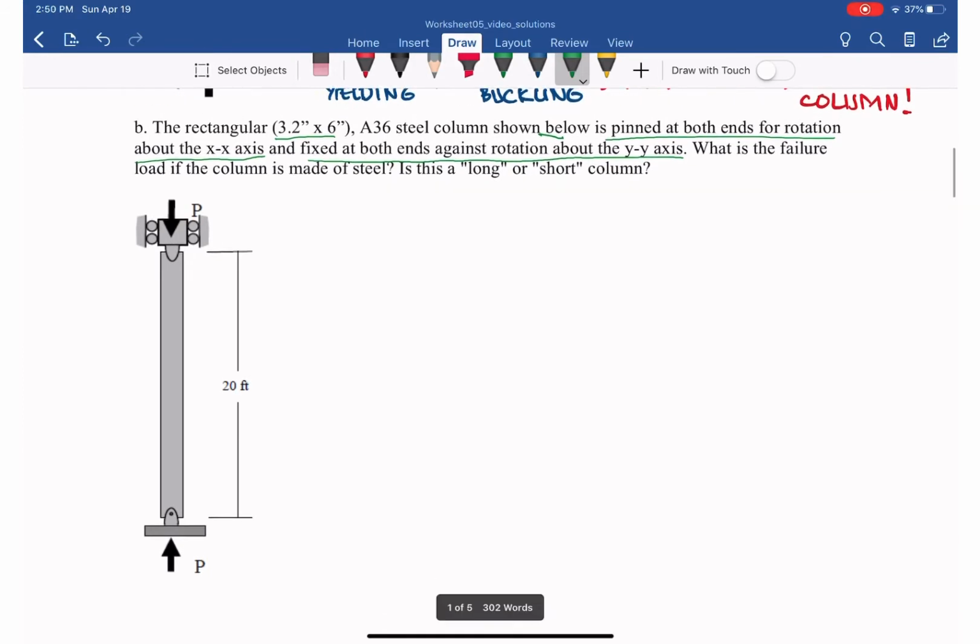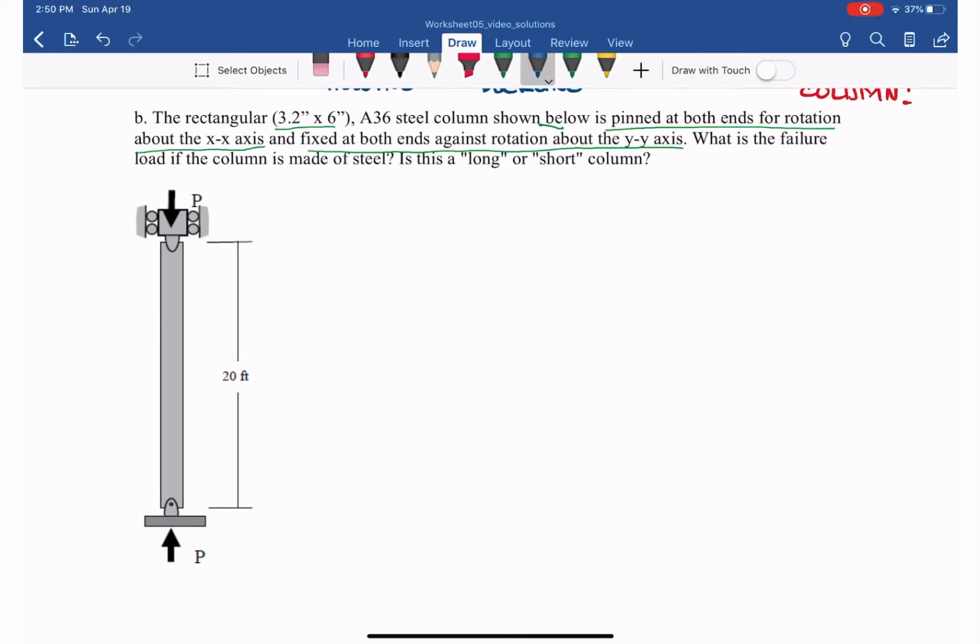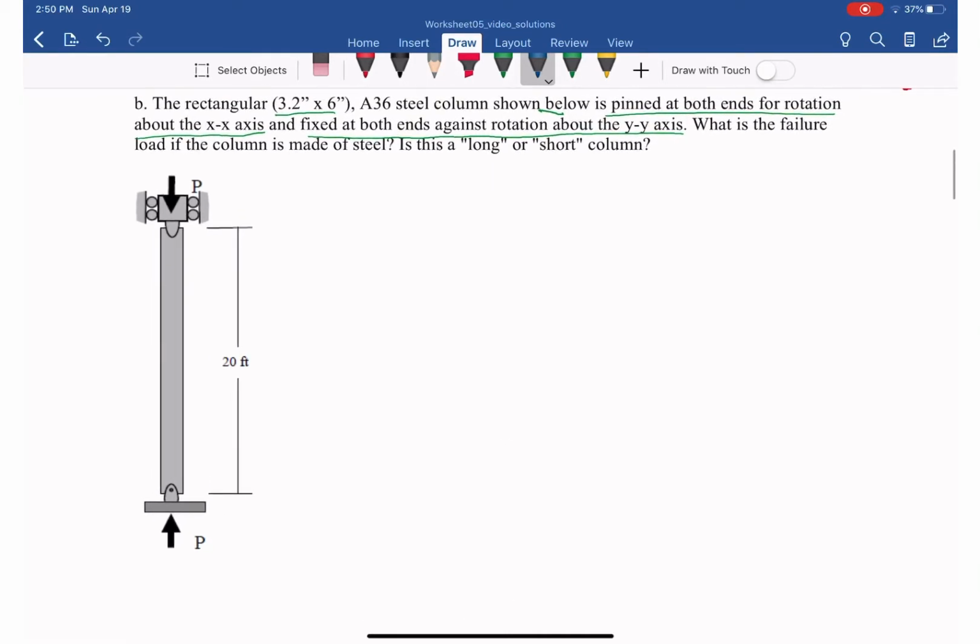So we first find the area moment of inertia for each axis and also the effective length factor for each axis. The cross section here is 3.2 by 6 inches, and x is perpendicular to the 6 inches, and y is perpendicular to the 3.2 inches.